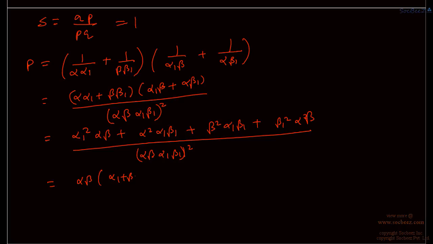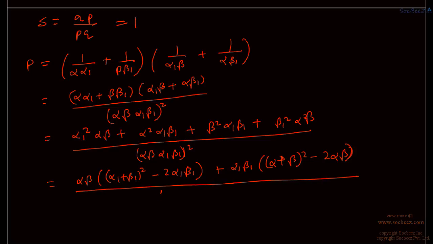Similarly, in the second and third, I have alpha 1 beta 1 common, and I write alpha squared plus beta squared as alpha plus beta whole squared minus 2 alpha beta, right? The whole thing divided by alpha 1 beta 1 whole squared.